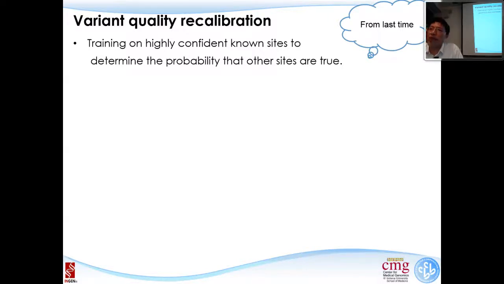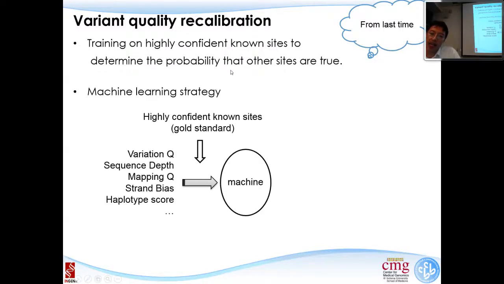The problem with that is it becomes very arbitrary, and sometimes the reproducibility across different groups will be very different. So for variant recalibration, what they have been doing is trying to calculate one score that describes the overall variant quality of this particular variant, and then only set up one threshold to do the cutoff.